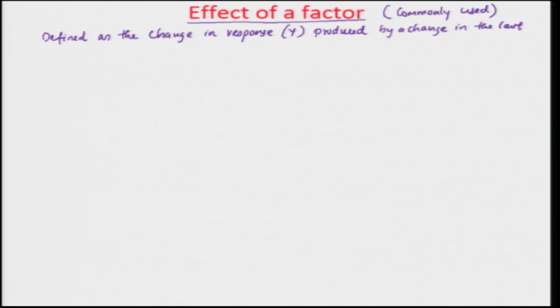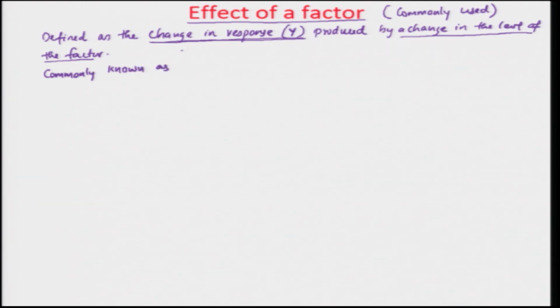When somebody says response, we are talking about y. So when we bring a change in the level of the factor, how does that reflect in the output, the response variable y? How the response variable changes because of the change in the factor level is what we call the effect of a factor, commonly known as the main effect.